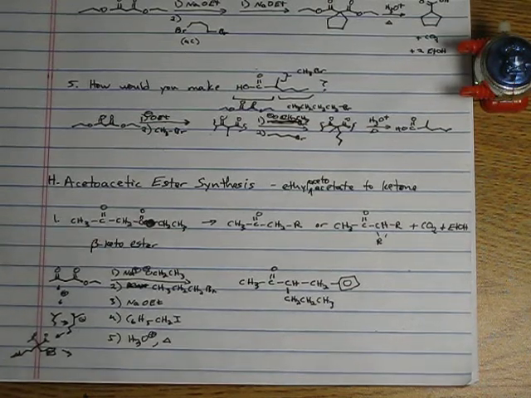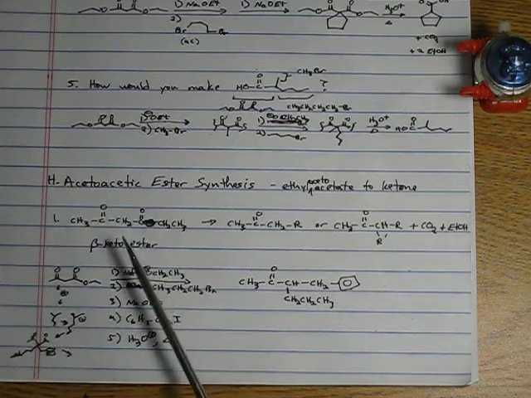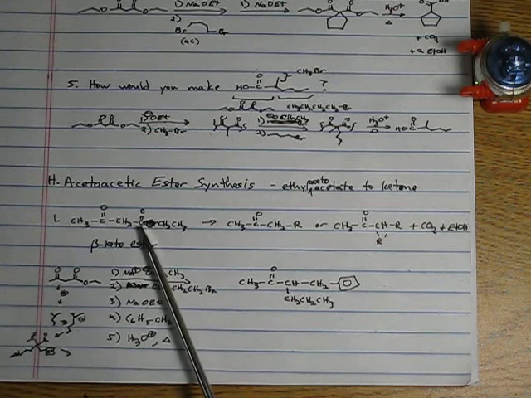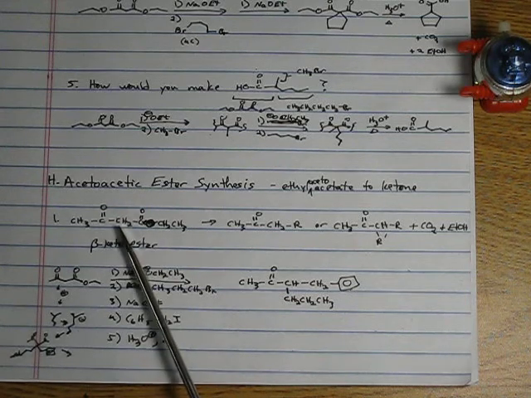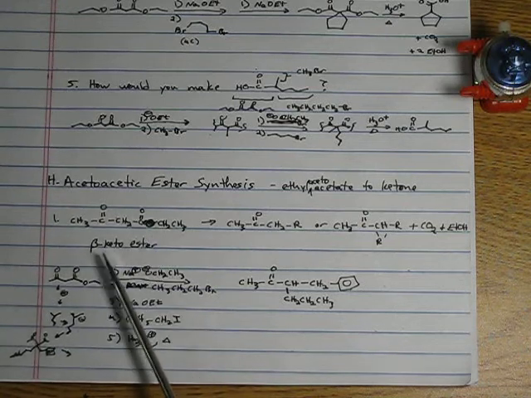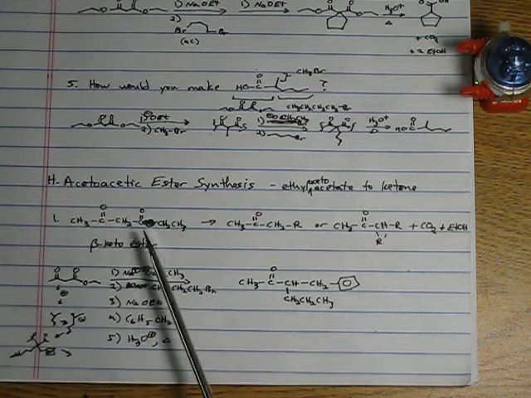So if we start with this acetoacetic ester, a beta keto ester, here's our ester carbonyl, alpha, beta. The beta carbon to this carbonyl is a ketone, beta keto ester.